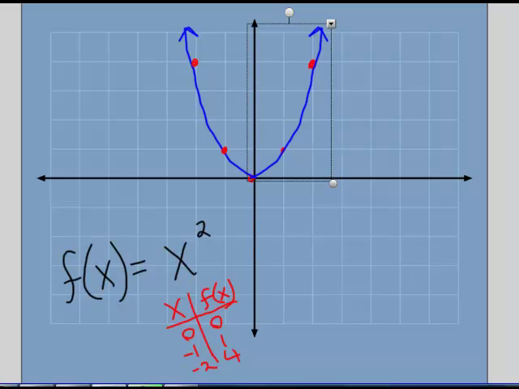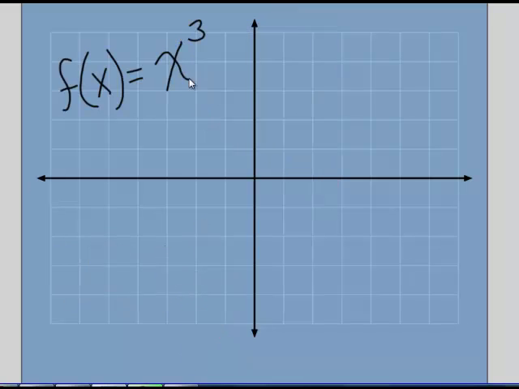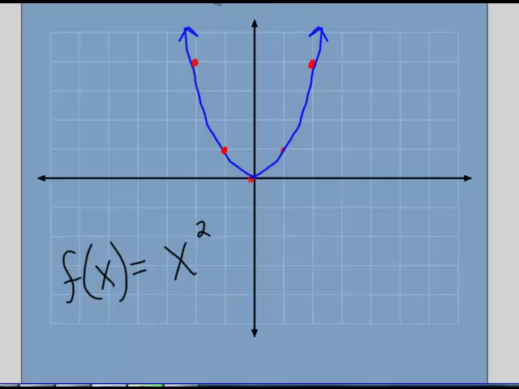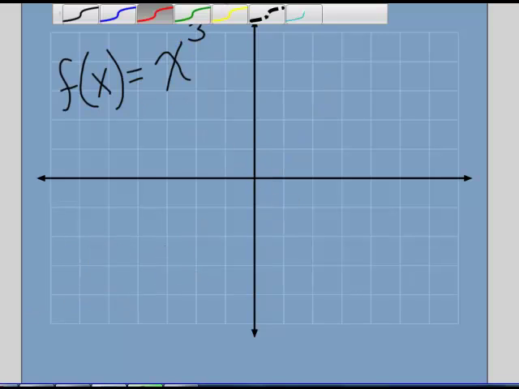Okay, let's look at the next function. f of x is equal to x cubed. Well, let's look at my parabola, and let's just change it a bit. Notice that when I had a square, my dependent variable can never be negative, so that's why it's in the upper quadrants. But now for x cubed, it's not the same.